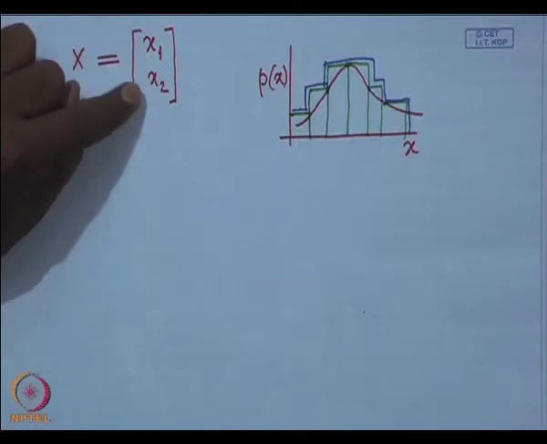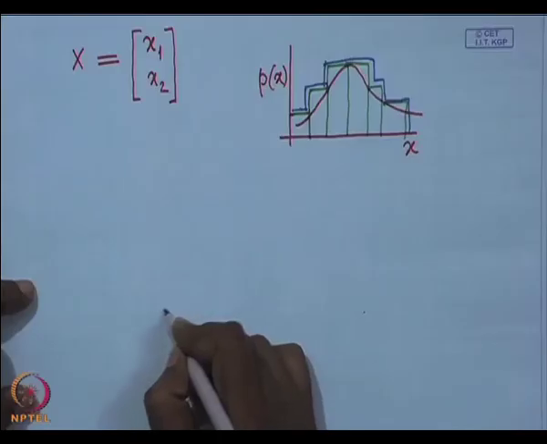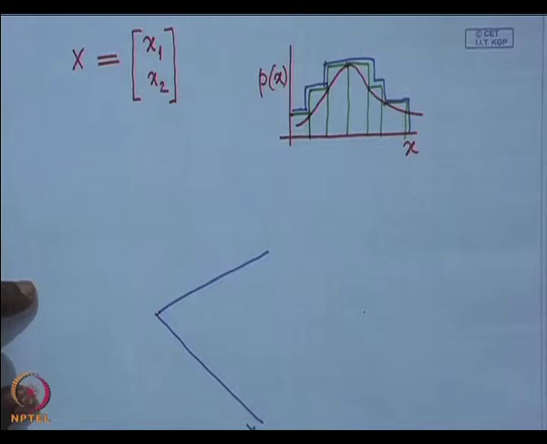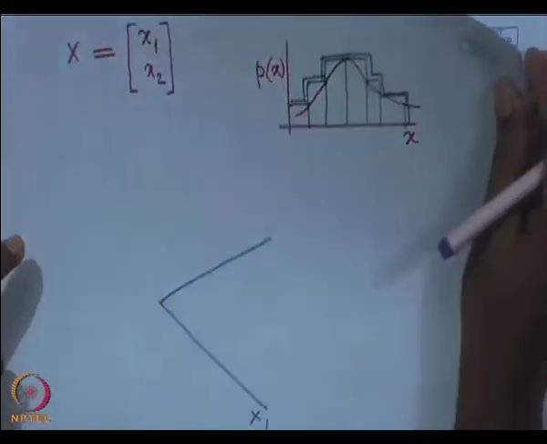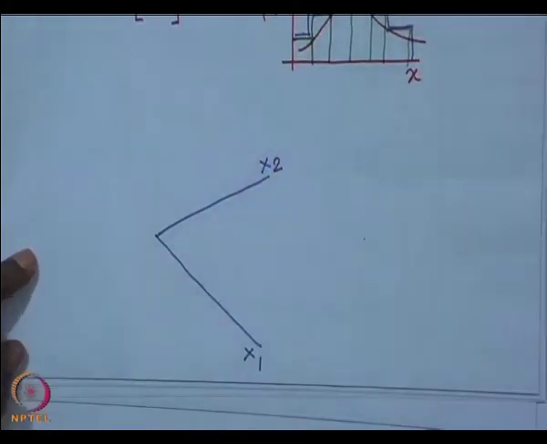So, you find that if I extend this to two dimensions, where I have two different axes, one axis representing this component variable x 1 and the other axis representing this component variable x 2, I have a two dimensional space or a plane. So, if I represent that by a coordinate system, I have this axis representing the component x 1 and this axis representing the component x 2.